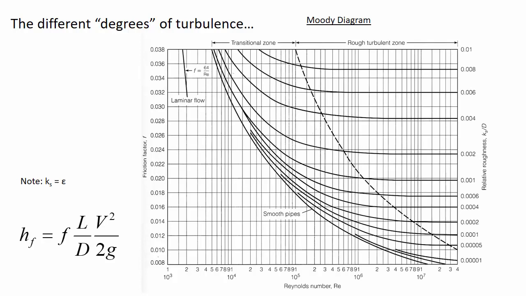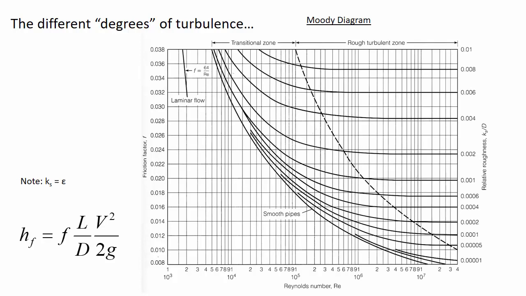Remember, the energy equation was the pressure head plus the elevation head plus the velocity head, and then we add the energy that's added by the pump, and then it is P2 divided by gamma plus Z2 plus V2 squared divided by 2g, plus the energy that's removed by the turbine, the local losses, and the pipe friction.